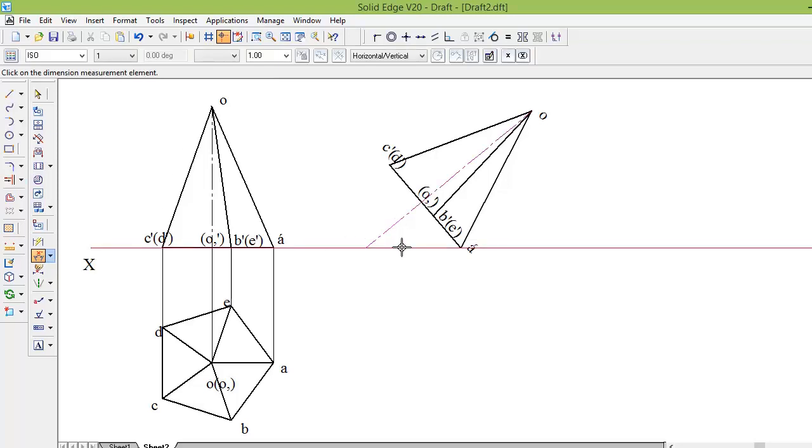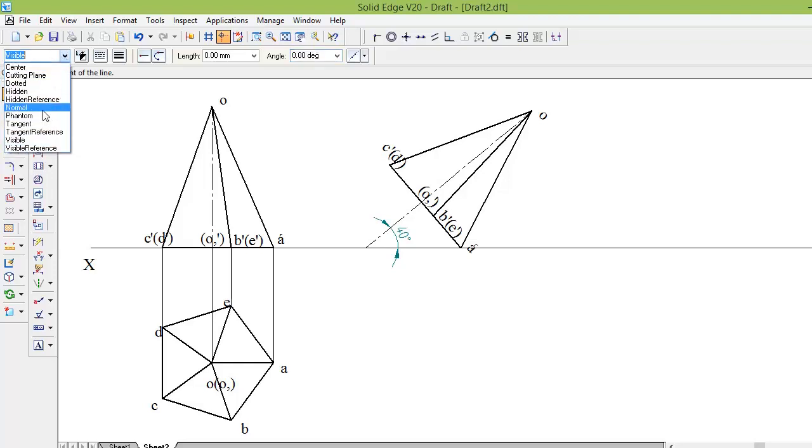The angle between the axis and XY line should be 40 degree. So that means this angle is 90 degree. If you want this as 40 degree, you must give this as 50 degrees. So again, go to lines, projection lines I am drawing now.